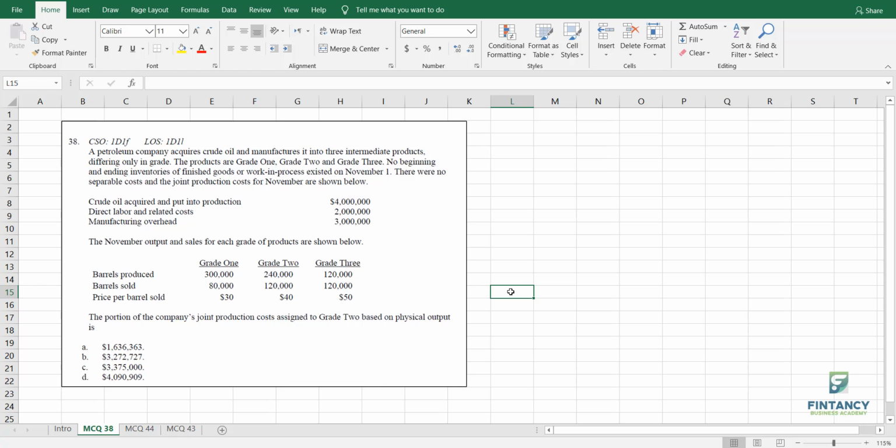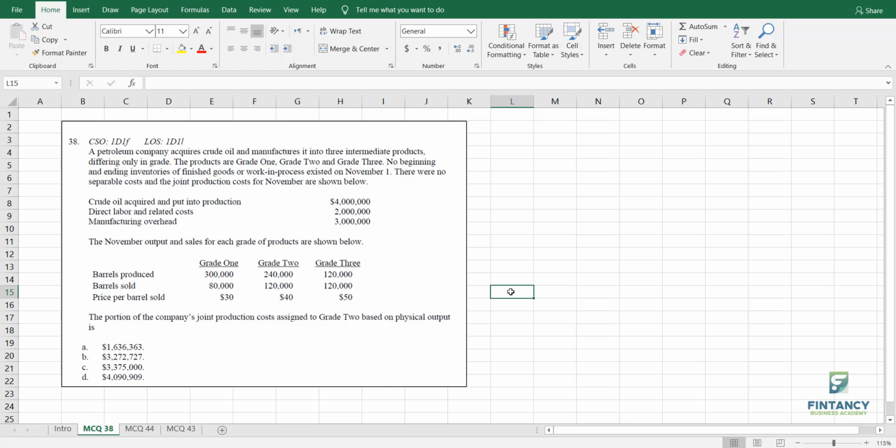So this is your first method. Always remember, physical output method is the simplest method. Sales value at split off is more sophisticated than physical output, and NRV is the most sophisticated method. Getting it?